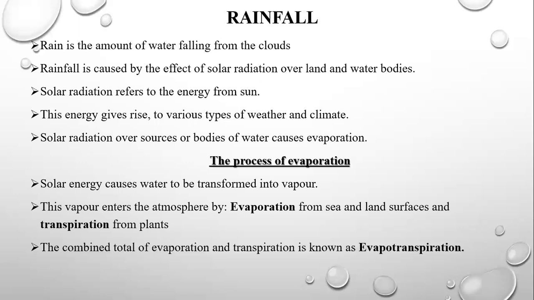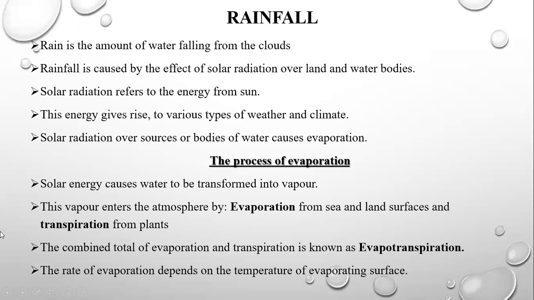Now, the combined total of evaporation and transpiration is known as evapotranspiration. So you must be able to know that. It is known as evapotranspiration. Now, the rate of evaporation depends on the temperature of the evaporating surface.